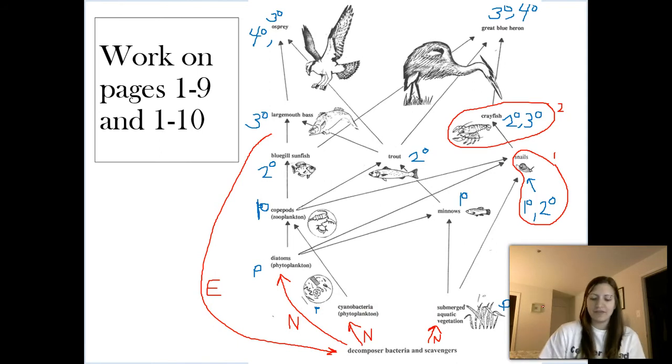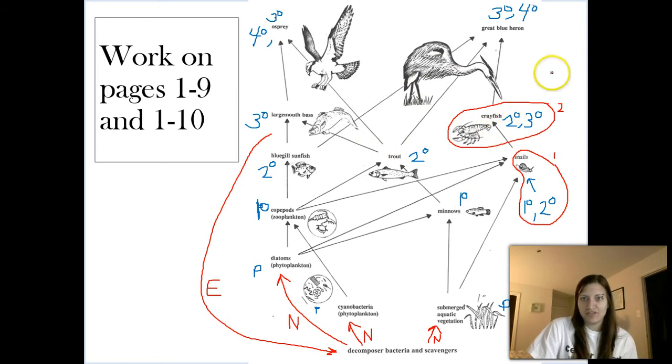Question number 6. If all the great blue herons, this guy up here, were removed from the ecosystem, which population would increase the most? So it's going to be one of the populations that the great blue heron eats. It's either going to be this bluegill sunfish, this trout, and this crayfish. So you have 3 choices.